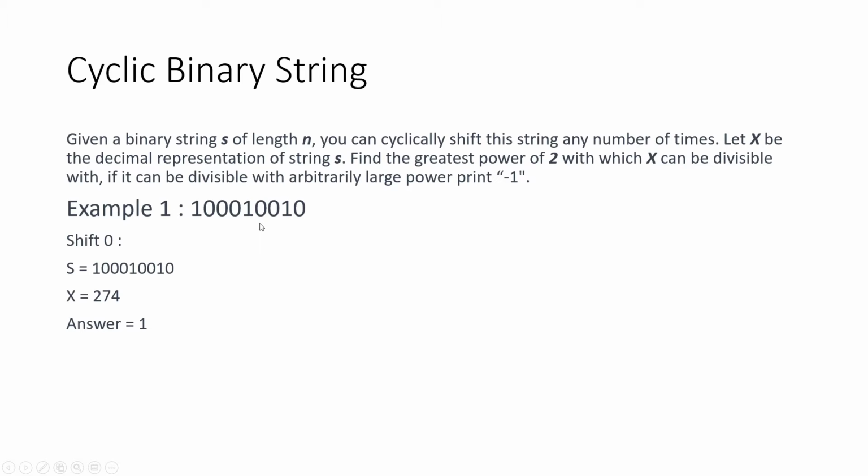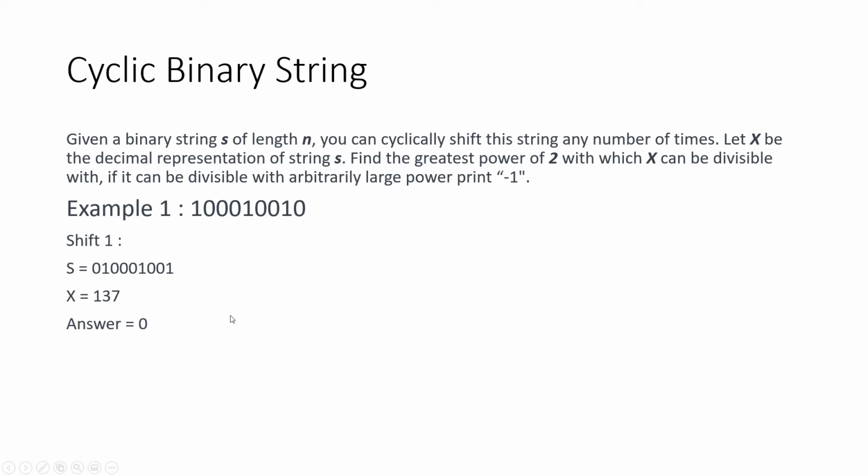So let's take this example. Without any shifts, the decimal value of this string is 274. This can be divisible by 2 to the power 1. That's it. We cannot divide by 4, 8 or any other power of 2. So the answer is 1.